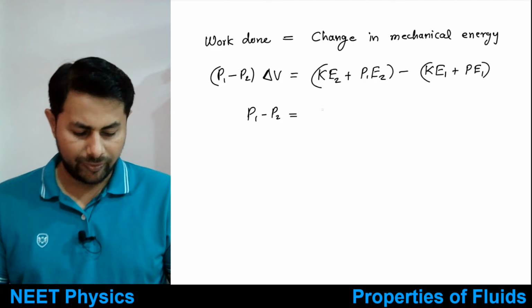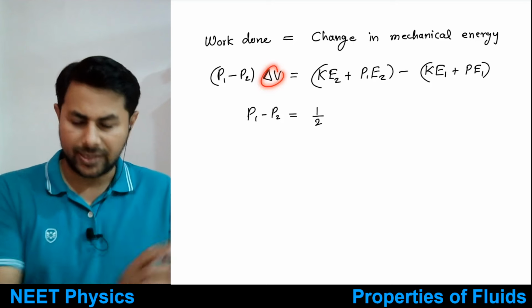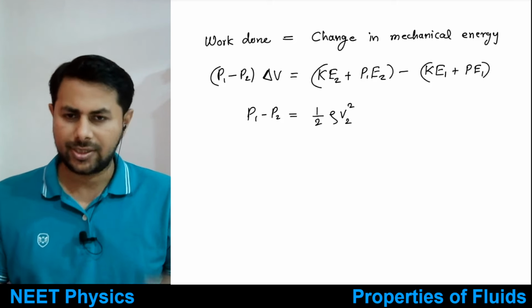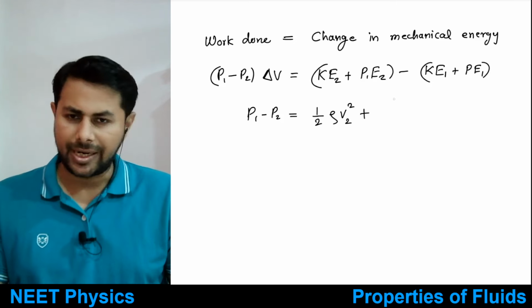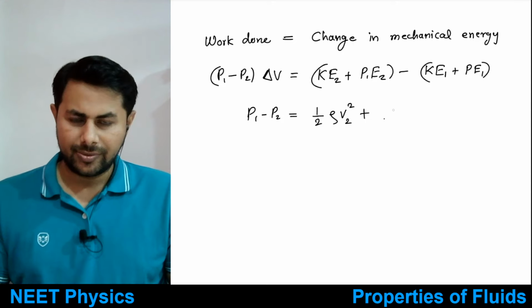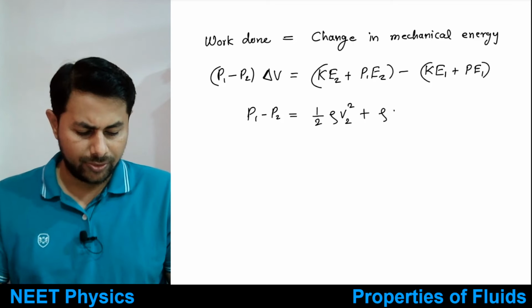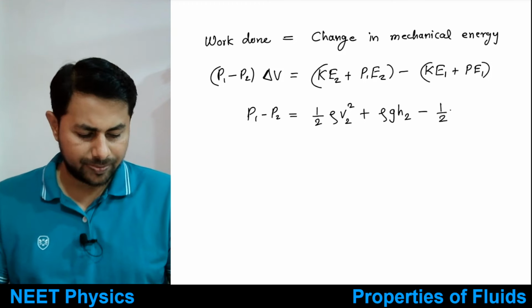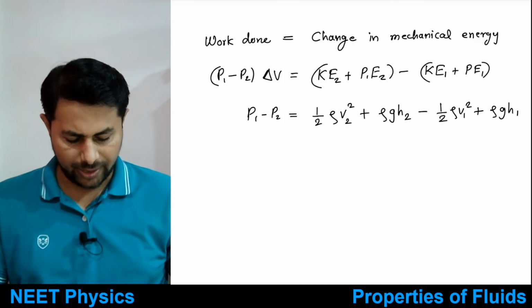And therefore here what you will get is kinetic energy per unit volume, since I am taking volume on that side, so it is half of rho times v square. This is the kinetic energy at point 2, so it is half of rho times v2 square, plus the potential energy at point 2, mgh divided by volume, so it is potential energy per unit volume, rho g h2, minus, similarly, half of rho times v1 square plus rho g h1, right?